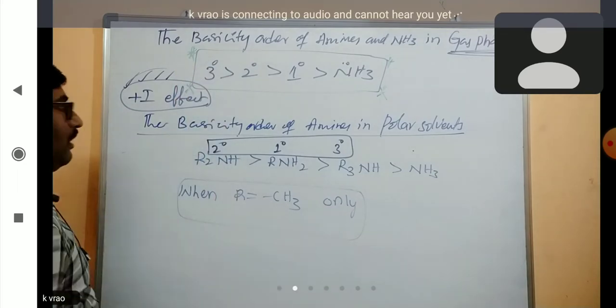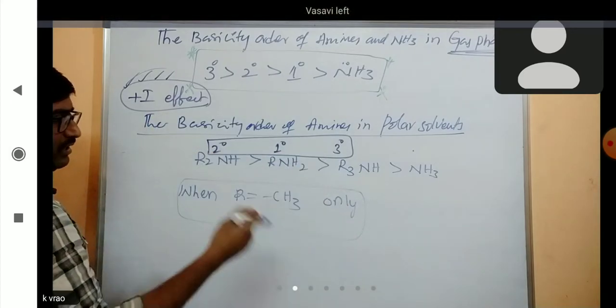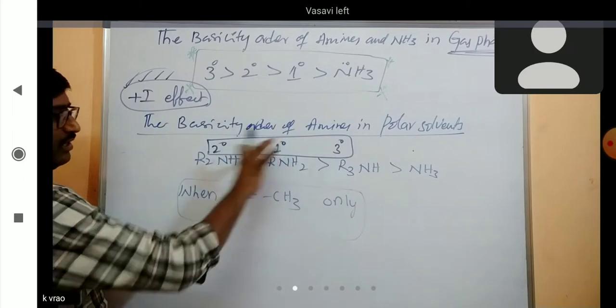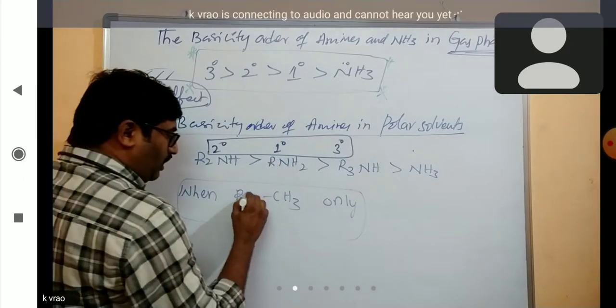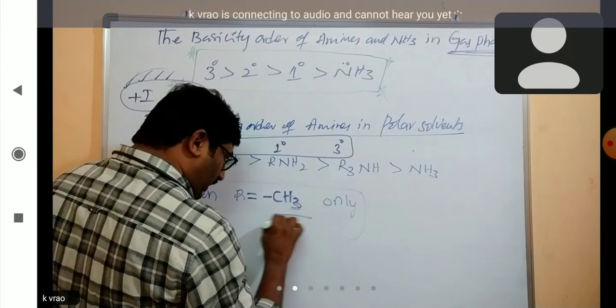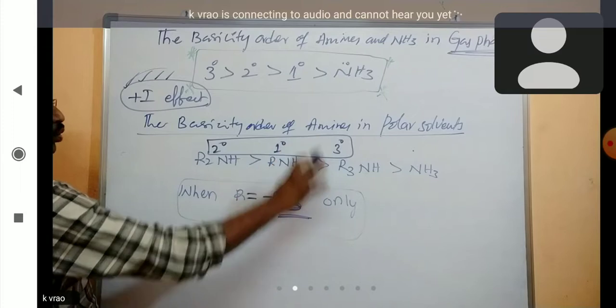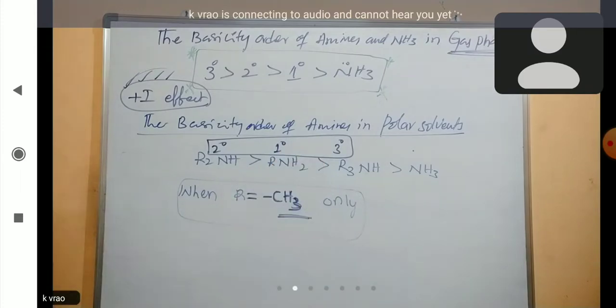Now when the amines are dissolved in a polar solvent, otherwise water, the order is a little bit different. That is, when R is an alkyl group that may be only methyl, the smallest alkyl group, then 213 is greater than NH3. That is secondary is greater than primary is greater than tertiary is greater than ammonia.